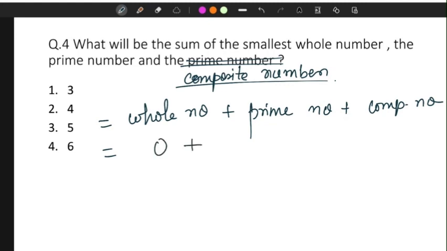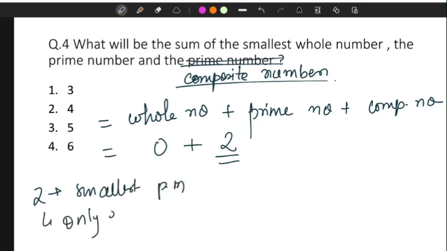We know the smallest prime number is 2, and it is also the only even prime number. We have discussed this, right? This is the only even prime number. And the smallest composite number, we know it is 4.